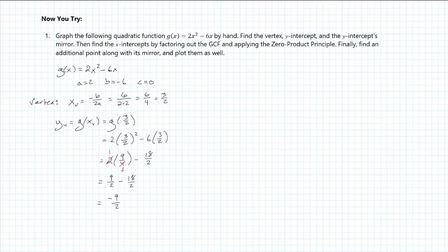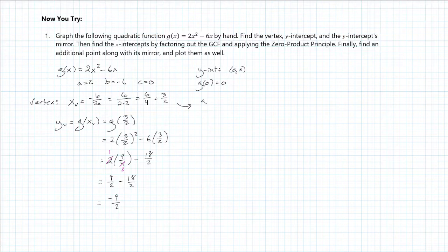So for the y-intercept, we take g of 0, plug 0 in for x, and we'll get 0 out. So we have the point 0, 0, the y-intercept. The mirror point is going to be over the x value of the vertex.